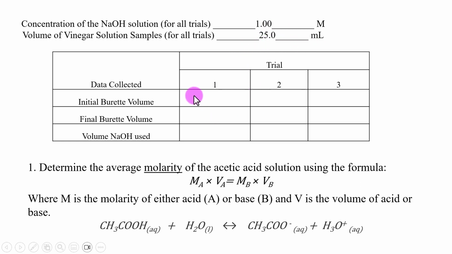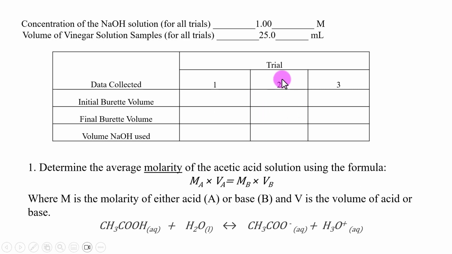Now, in the pictures, you're going to get the initial burette volume for trial 1, 2, and 3. And what you'll find is that the final burette volume for trial 1 will become the initial burette volume for trial 2.